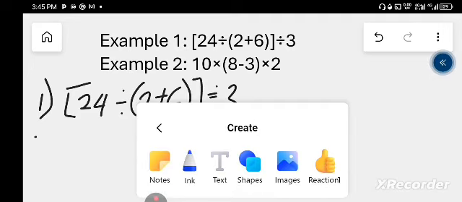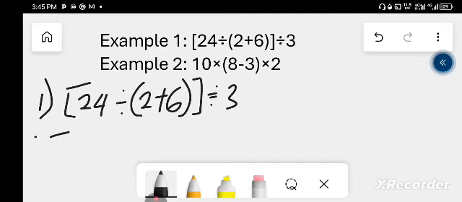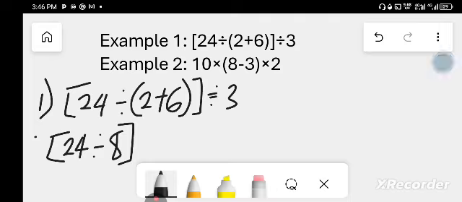You still maintain the brackets, so it's 24 divided by, then 2 plus 6, that gives us 8. Then you close. We've solved the smaller bracket, which has 2 plus 6. It has given us 8.